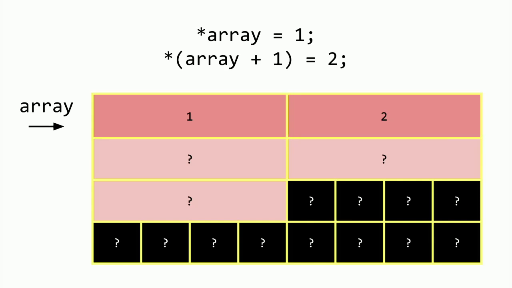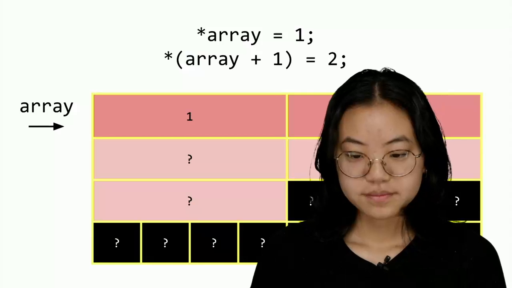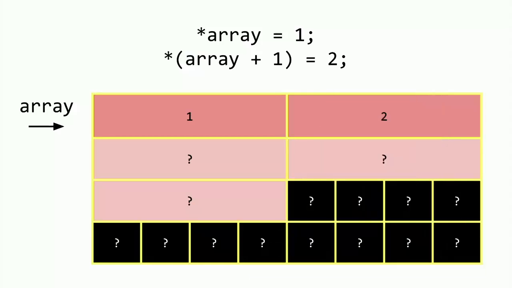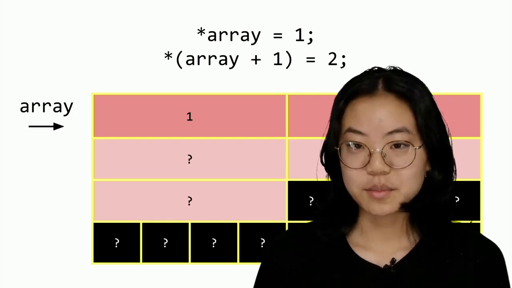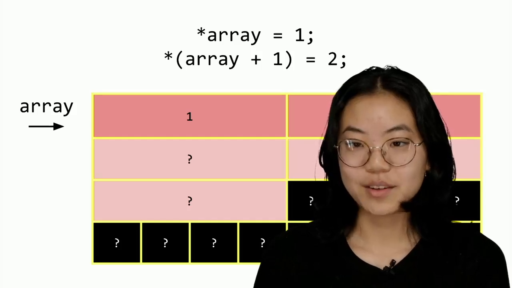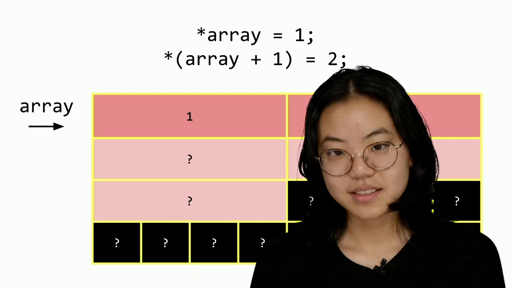We can do star, so go to the address of array plus 1 and set that equal to 2. Because the addresses are just numbers, we can also do some arithmetic on them. So you just add 1 and we're going to go to the next one.